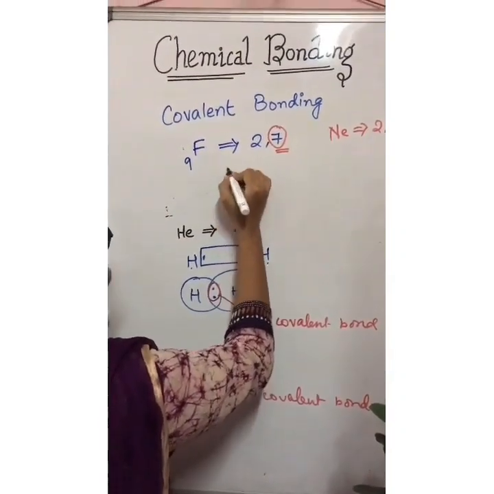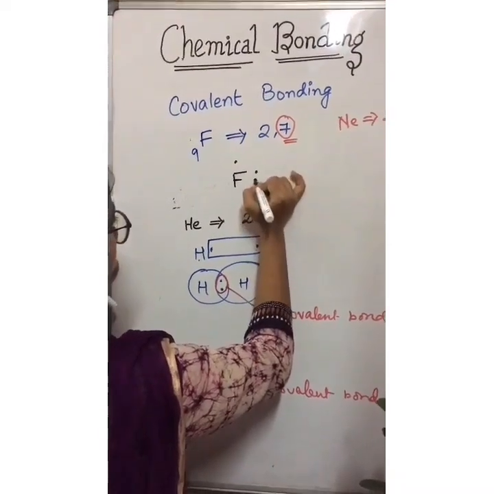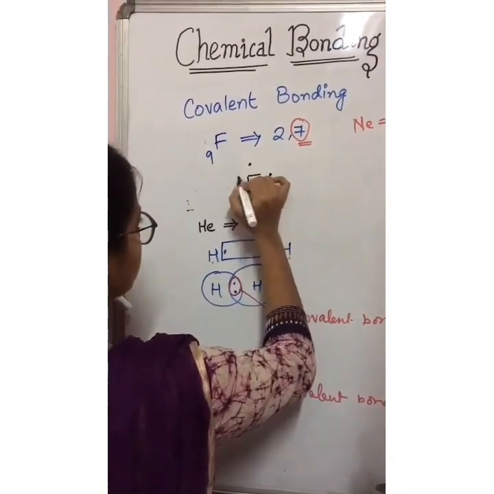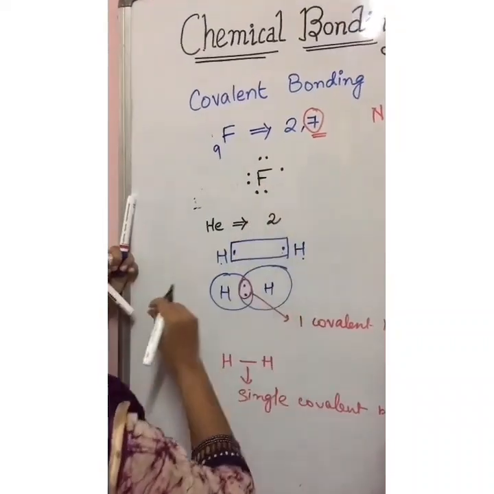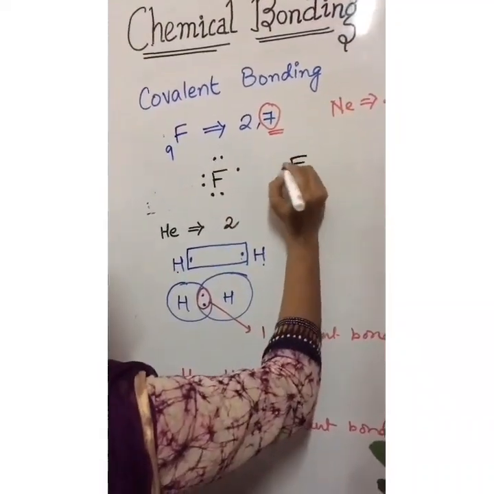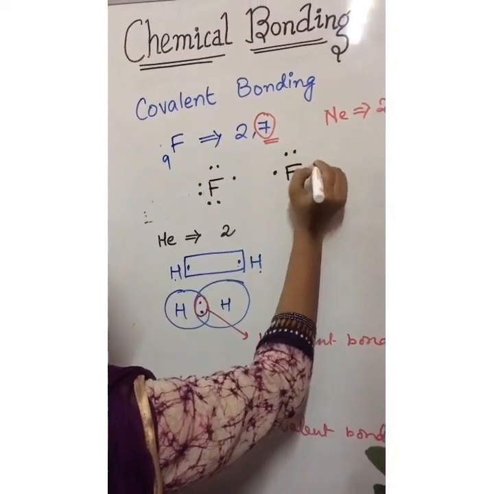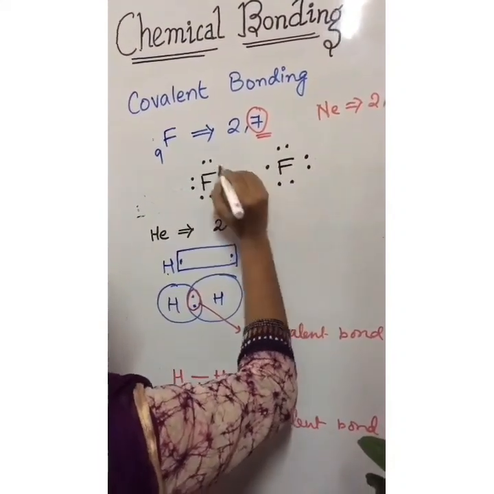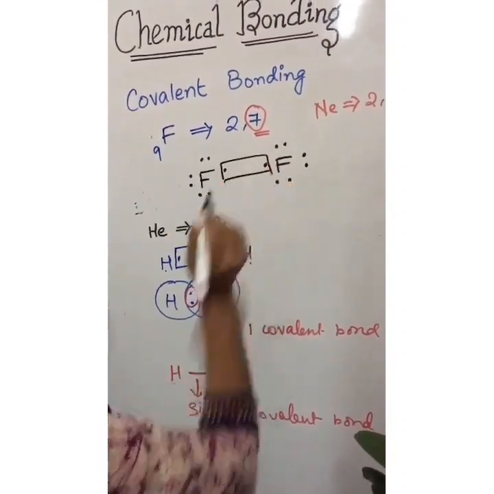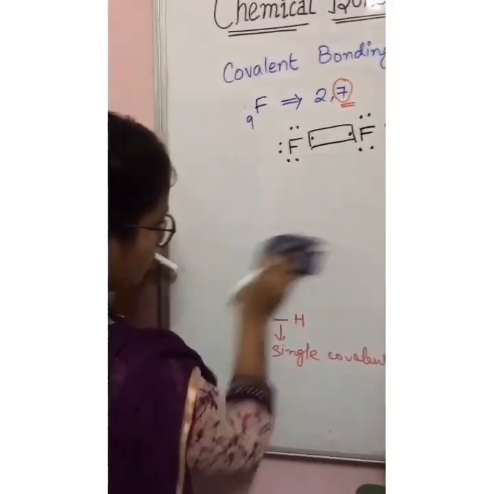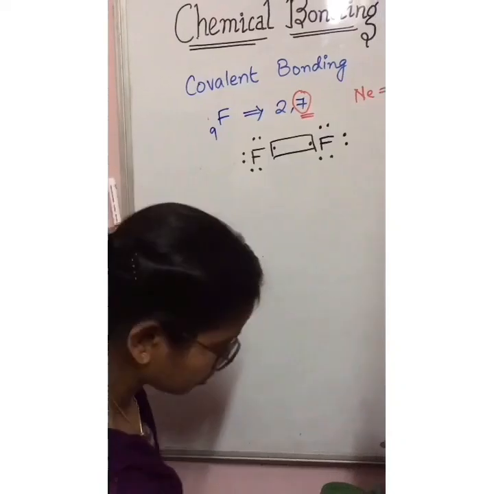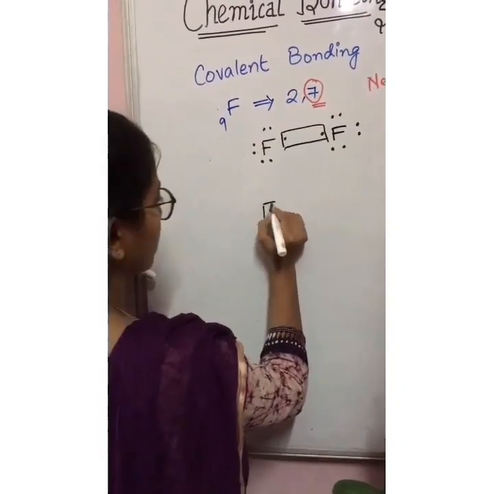Suppose this is a fluorine atom. It has 7 electrons in its outermost shell. It shares 1 electron with the other fluorine atom. Okay. So these 2 electrons are being shared by fluorine. So what do we get?